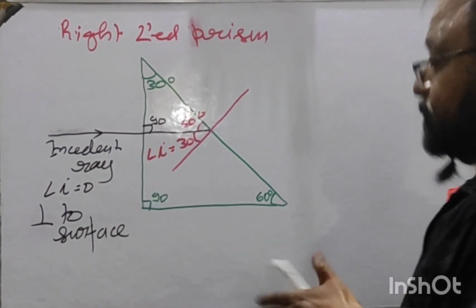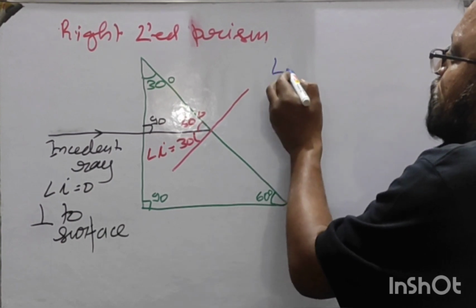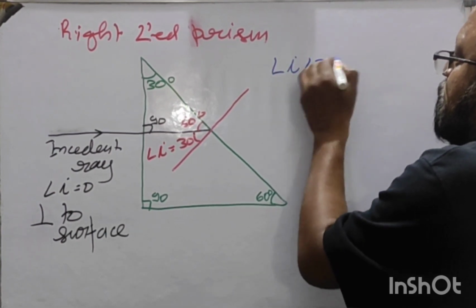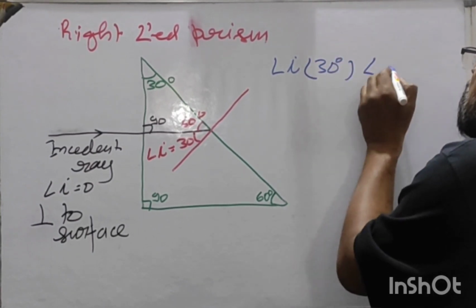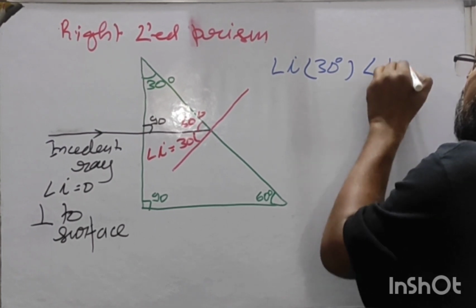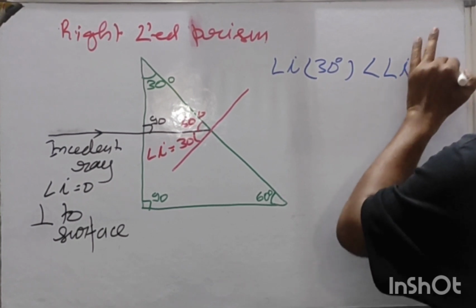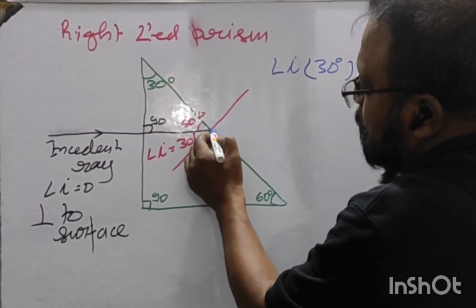When the angle of incidence is 30 degree, it is less than the critical angle. I see, the critical angle of glass is 42 degree. Then what happens? Light comes out. The light ray comes out.